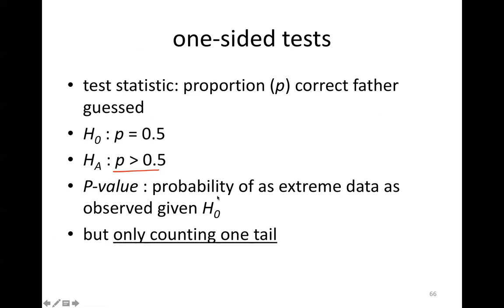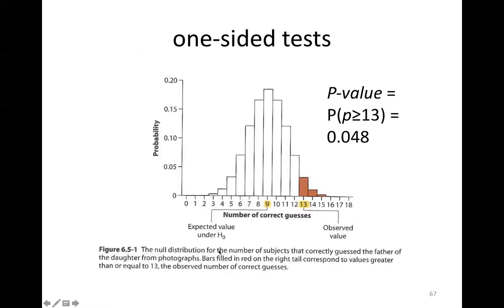And the p-value is the probability of observing something as extreme as observed given the null hypothesis, but calculated only from one tail. And this is the same null distribution. The null distribution is the same, but how we use it is different. This is the observed data. Okay, now it's a 13. But we ignore deviations on the other side.